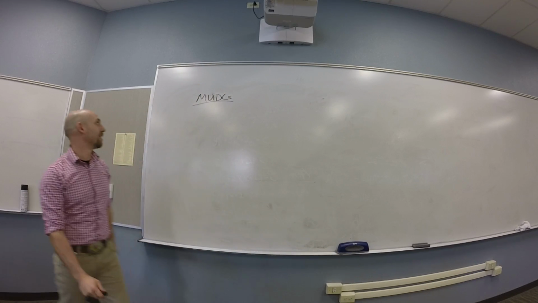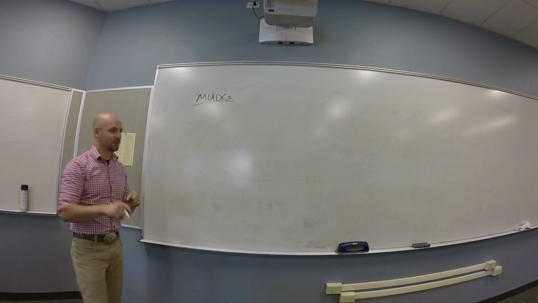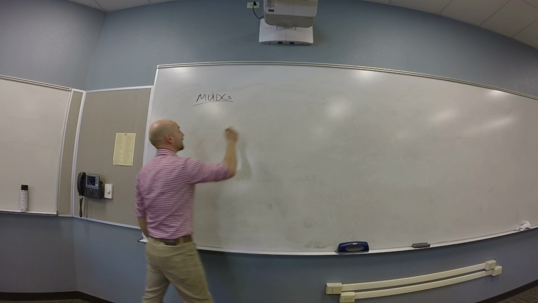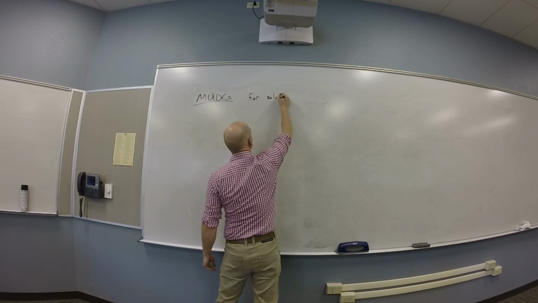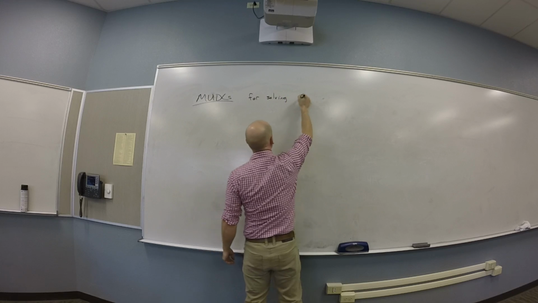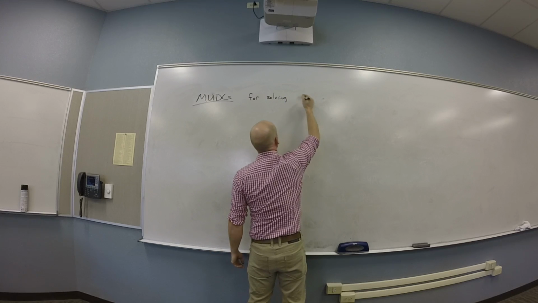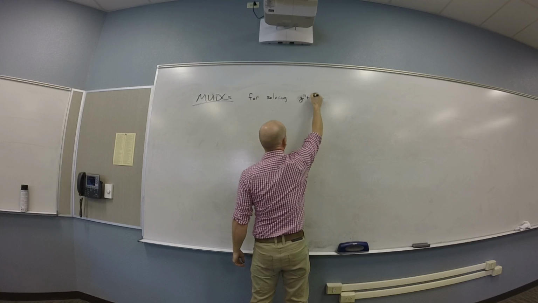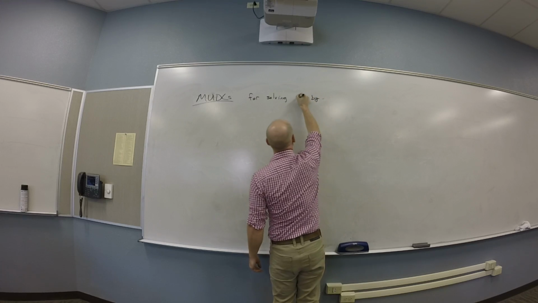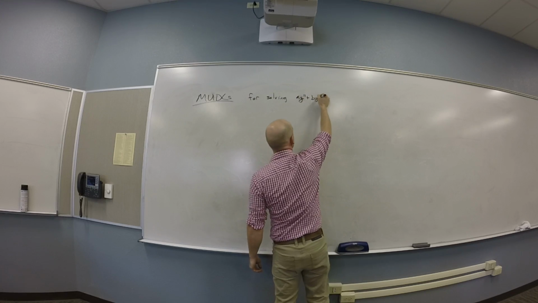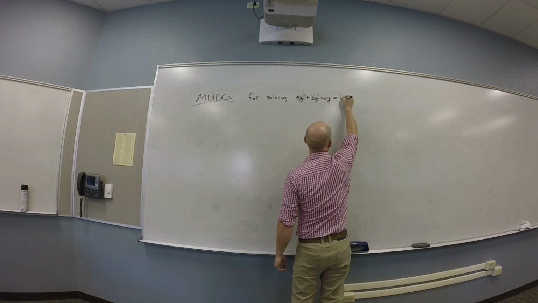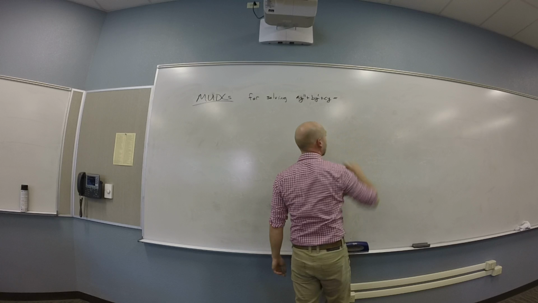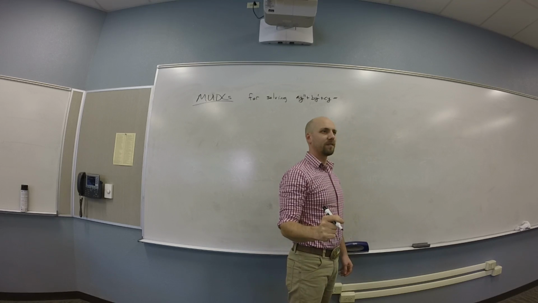All right, let me give you a summary of the method of undetermined coefficients. So this is for solving a y double prime plus b y prime plus c y equals some function. What kind of things do I know how to guess?